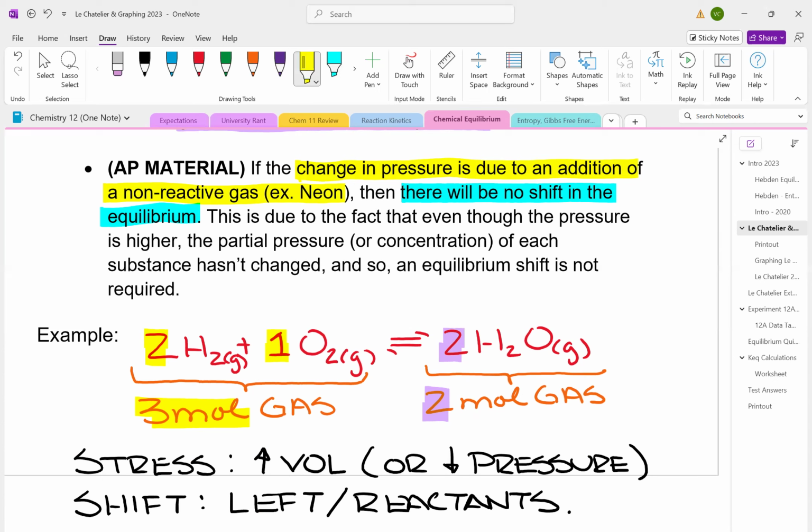But because the neon or the argon have no direct effect on this equilibrium, you haven't changed the amount of hydrogen, you haven't changed the amount of oxygen, and you haven't changed the amount of water. What happens is that there is no equilibrium shift.